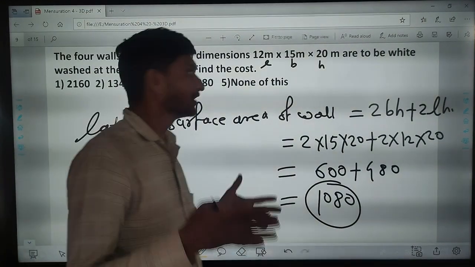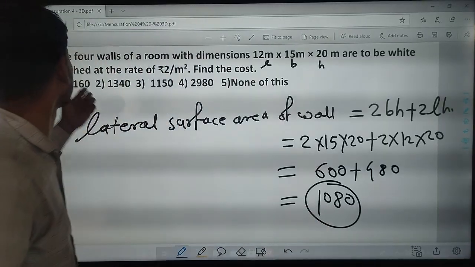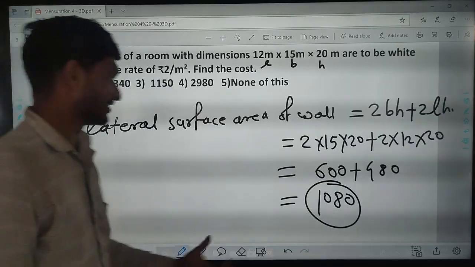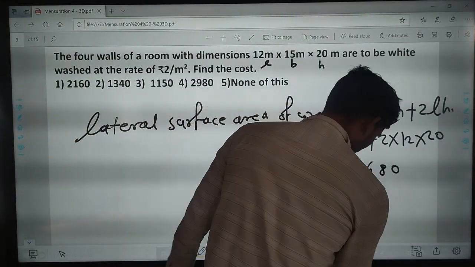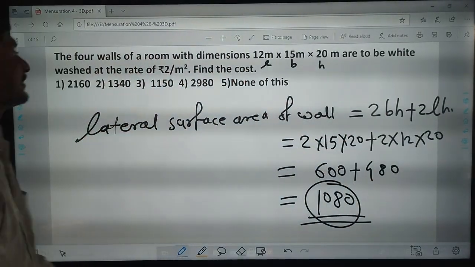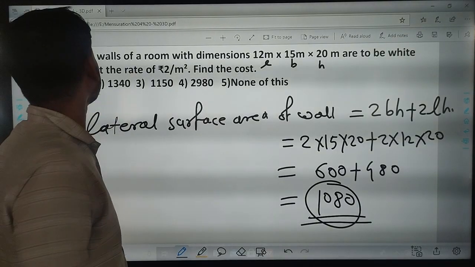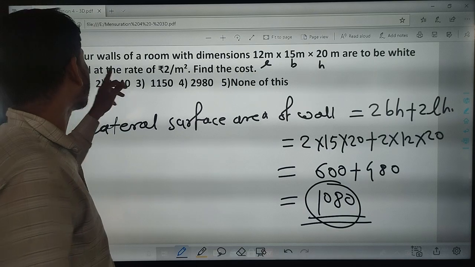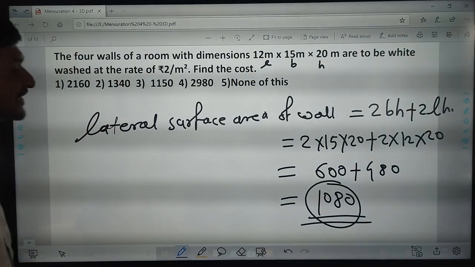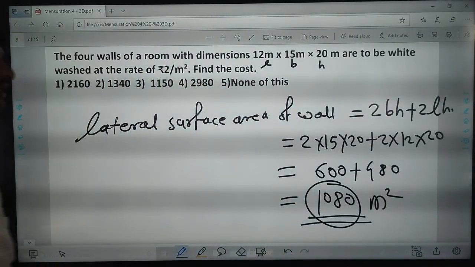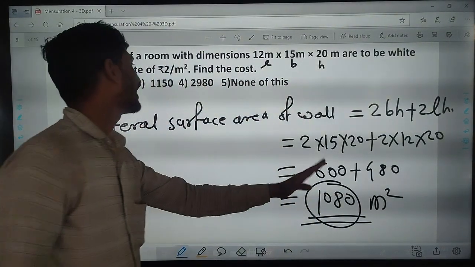That is the total wall that will be whitewashed. This is the area. Now the cost of whitewash is at the rate of 2 per meter square. The lateral surface area is 1080.